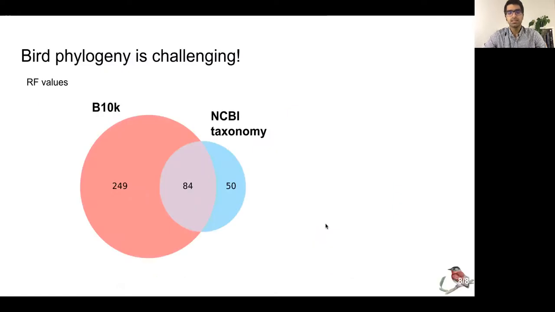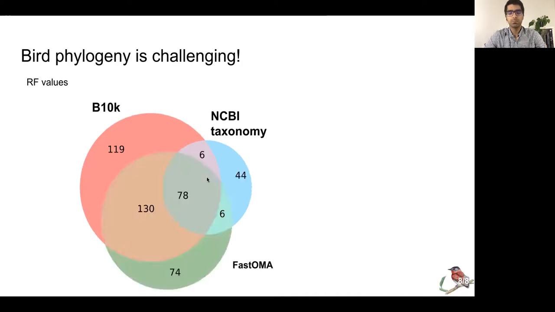We also consider NCBI taxonomy. We know that NCBI taxonomy is not fully resolved. When we compare this NCBI taxonomy to the tree that was provided by the Bird 10,000 Genomes Project, we can see a relatively small overlap in terms of Robinson-Foulds partitions between these two.